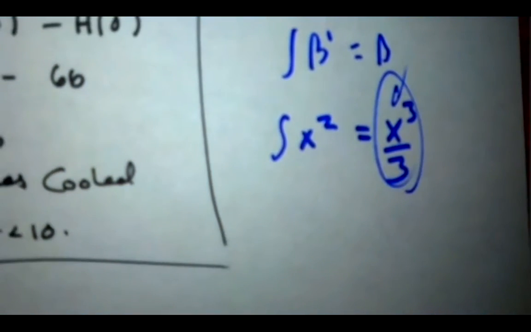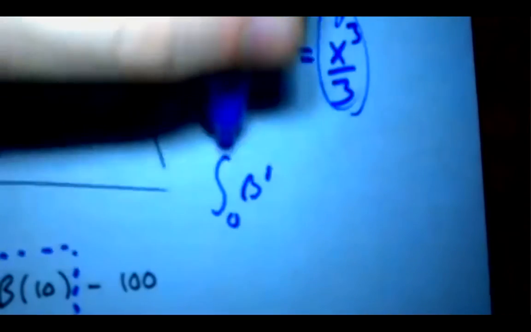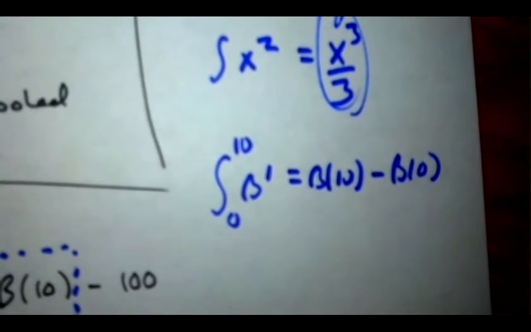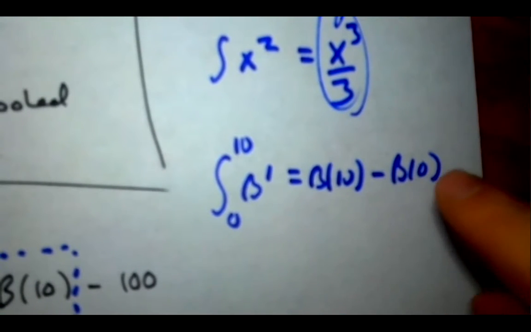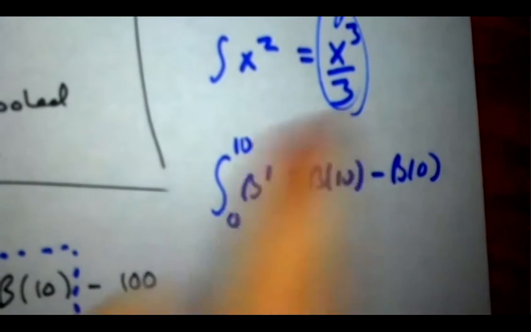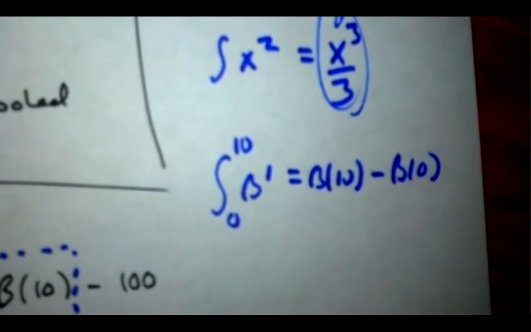Yeah, but when you go with FTC and we integrate B prime and get B at 10 minus B at 0, nowhere in that setup did anybody ever tell me what the original equation B is. This is just like a calculus trick for backtracking into an answer if you can figure out everything else but one thing. Oh, okay. Does that make sense?